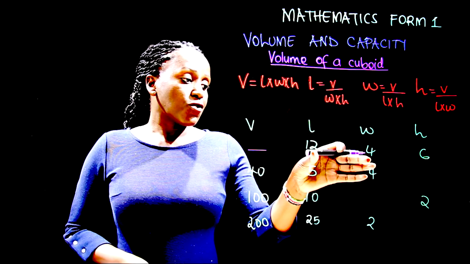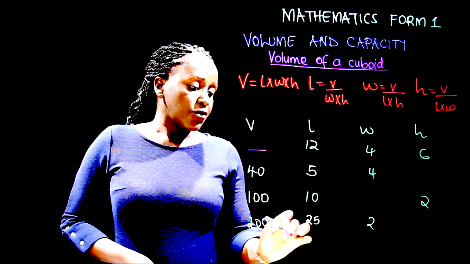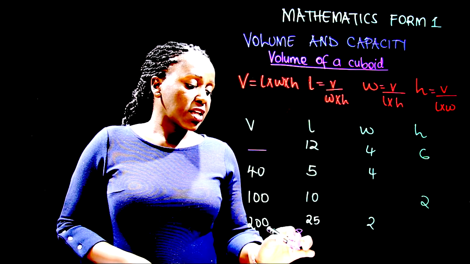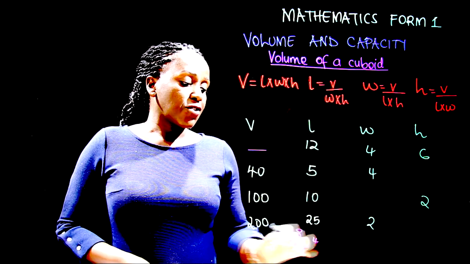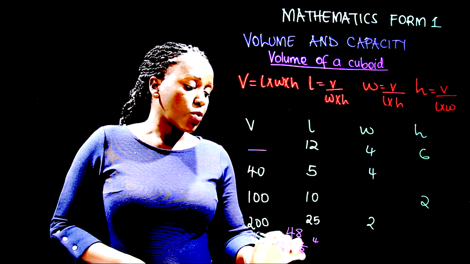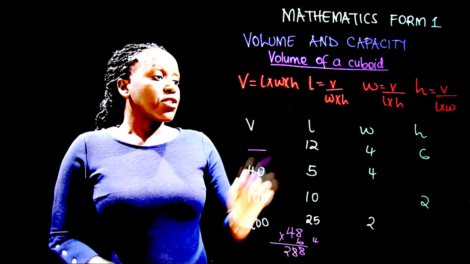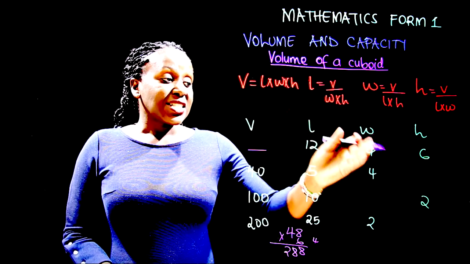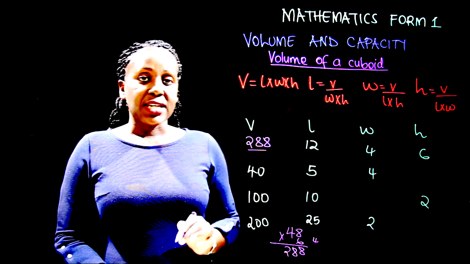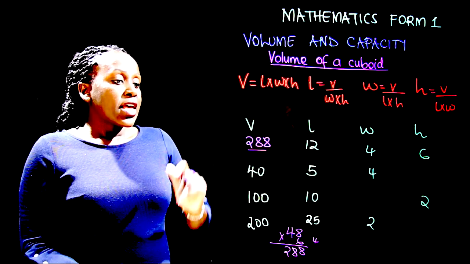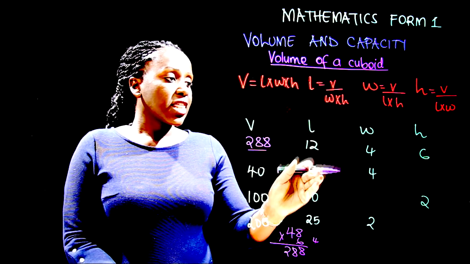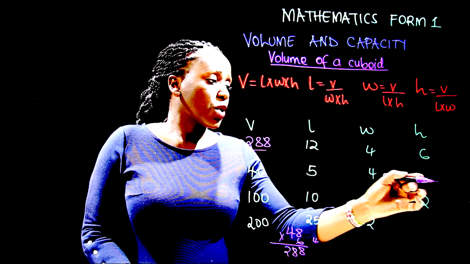And then we have 48 times 6. 8 times 6 is 48. 8 carry 4. 4 times 6 is 24 plus 4, which is 28. So the volume of this cuboid that has these three dimensions will be equal to 288.